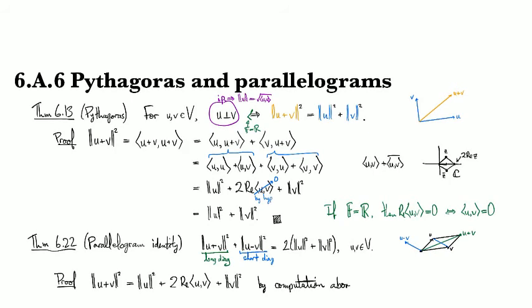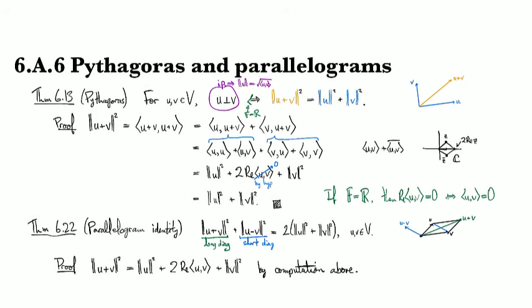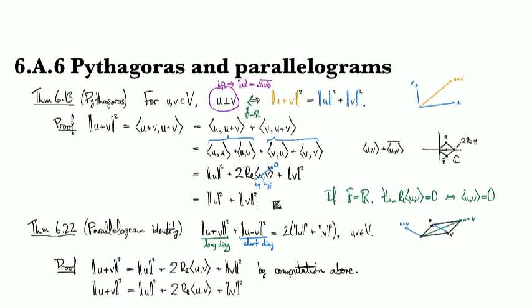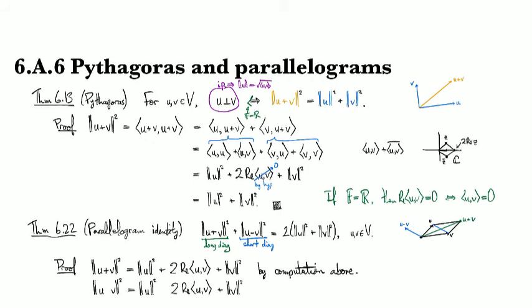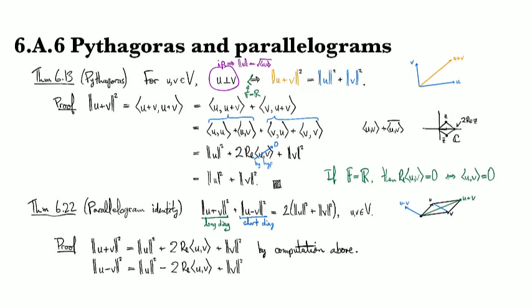By the computation that we just did, right? So now, if we take this whole thing here and change this to a negative sign, then repeating the same calculation, we just see that we get a negative sign in front of the real part.